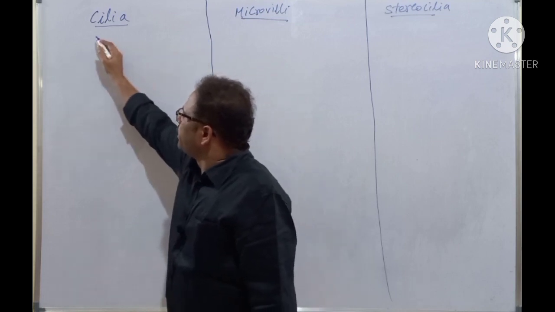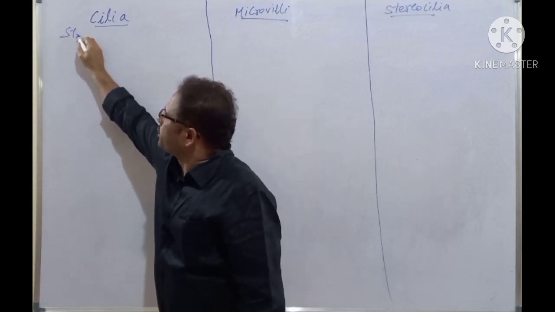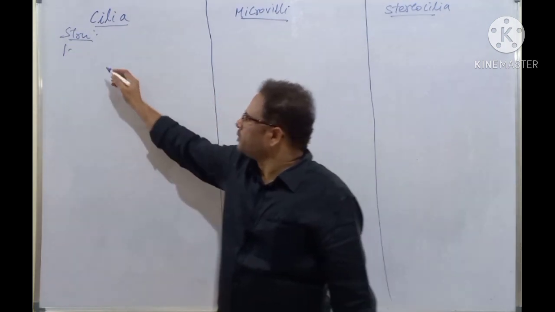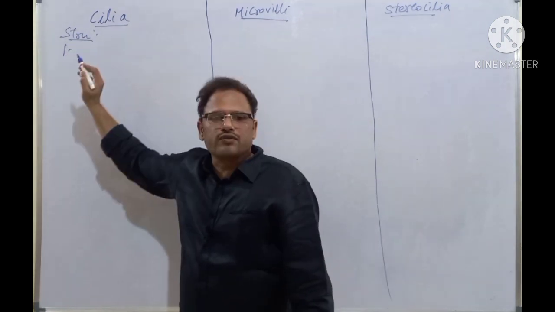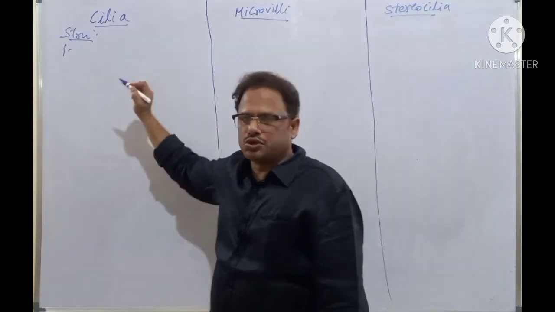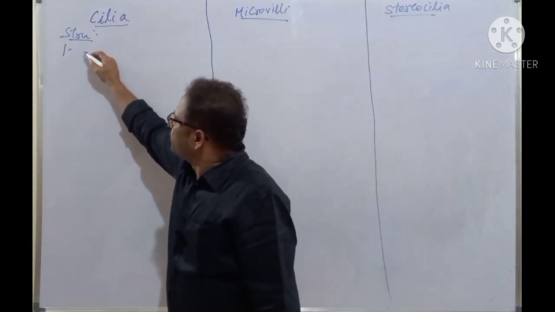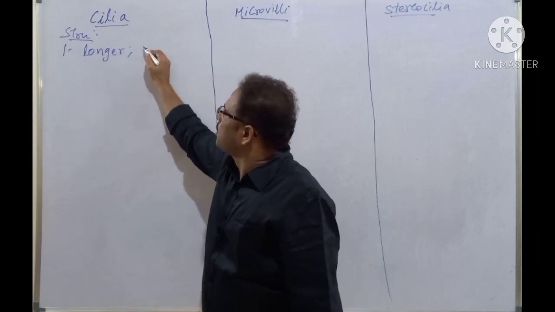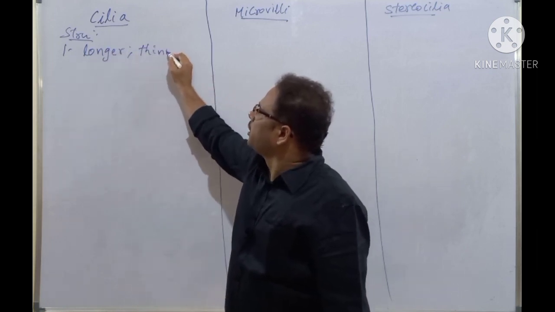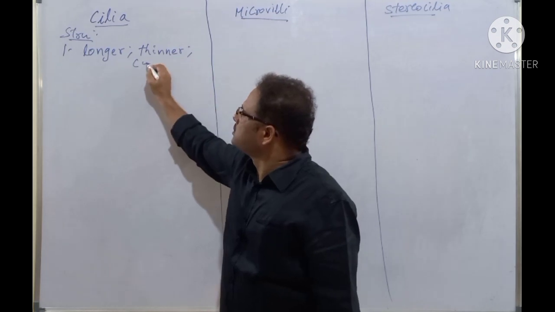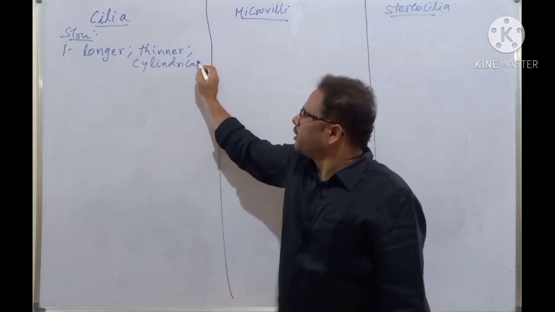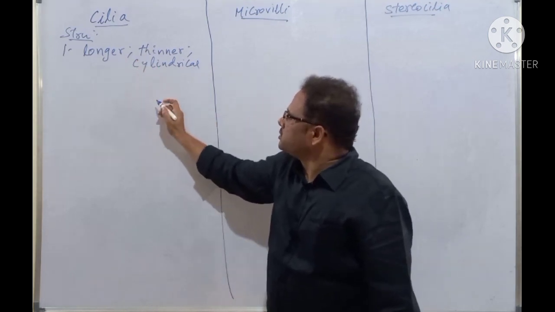First of all, cilia structure, all the structures, let's compare now. Cilia are at the free surfaces of some epithelial cells of the tissue. These are very long, thin, and cylindrical in shape.